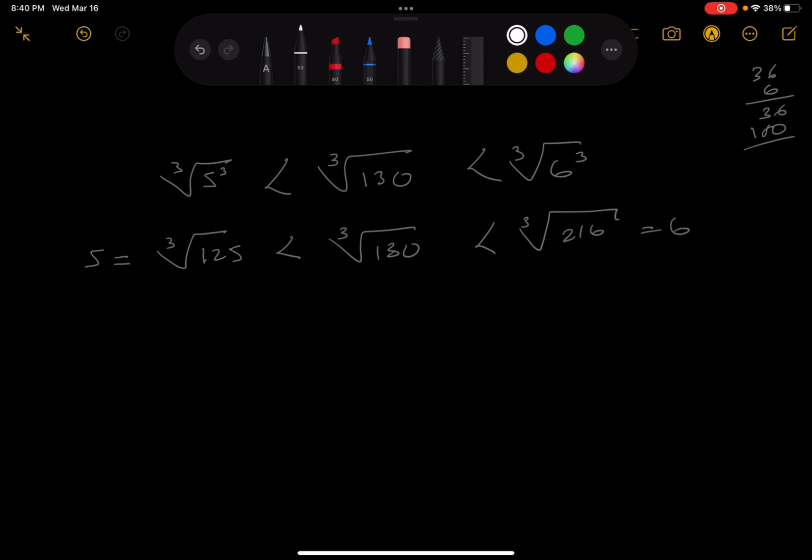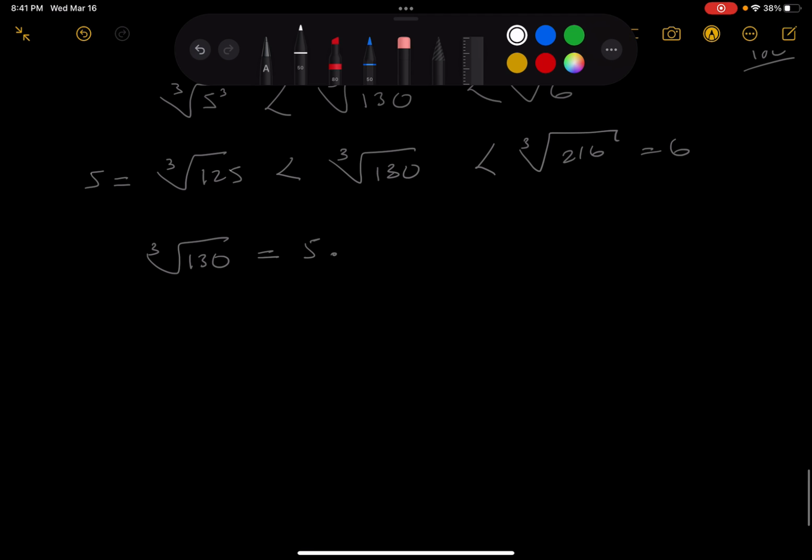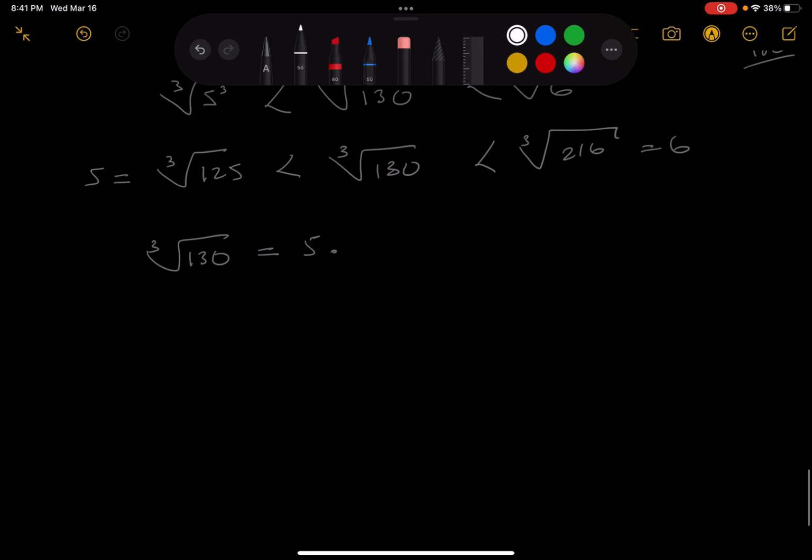All right? So I could write the cube root. By the way, I know the cube root of 130 is 5 point something. All right? Now, I just want to go through this to make sure you understand what we're looking to get. So I'm going to say the cube root of 130.